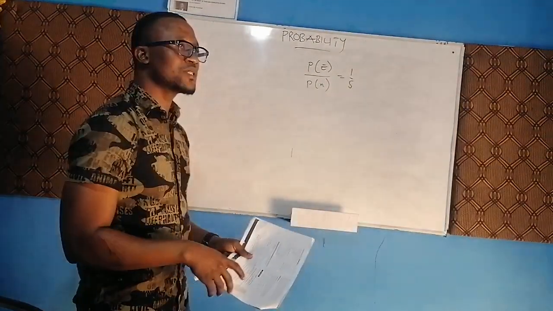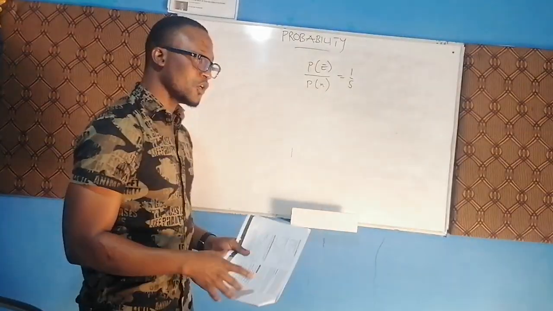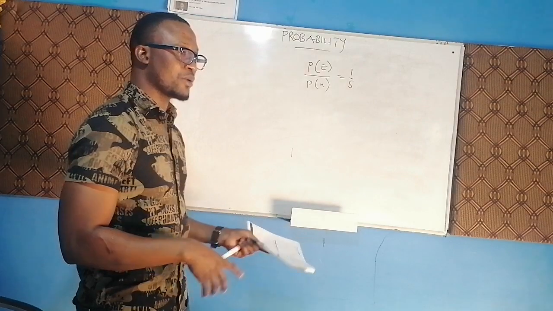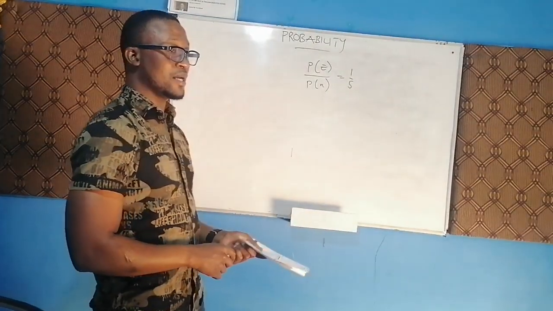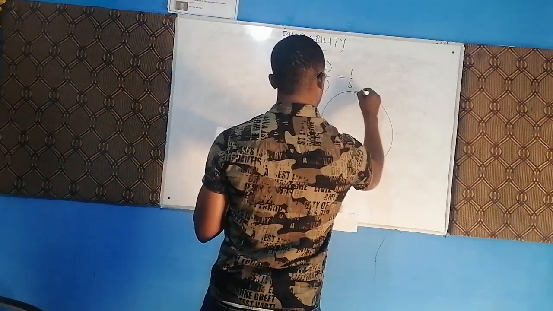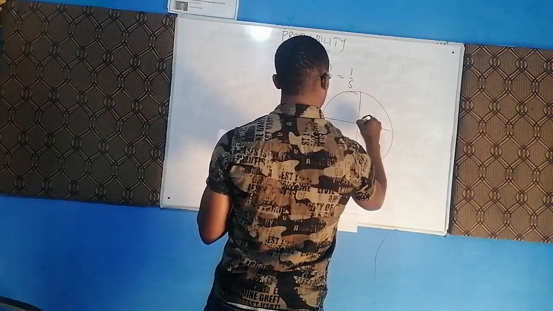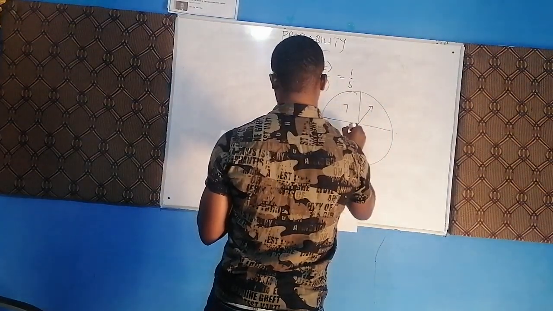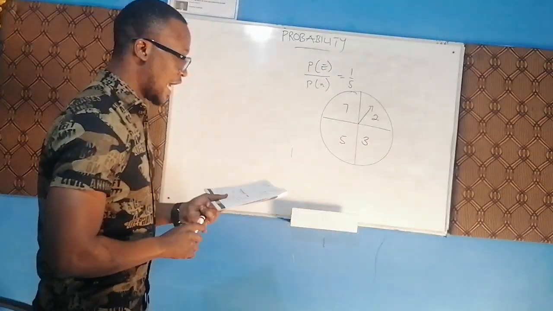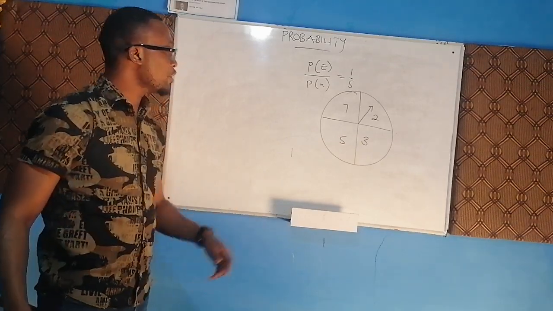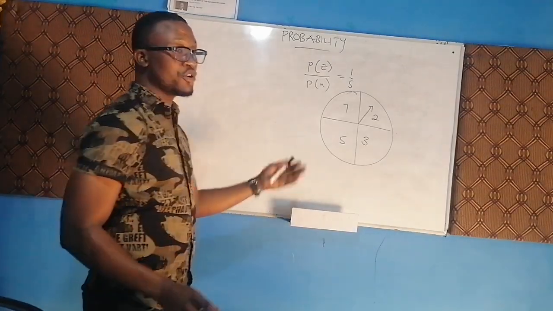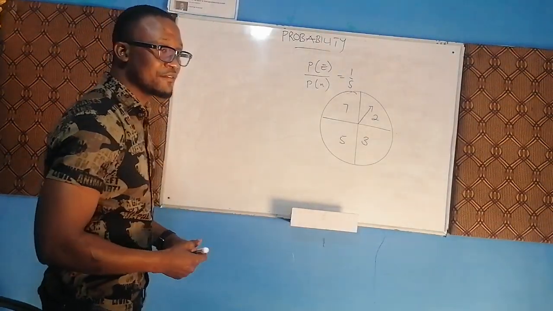What about if we decide to use something like a spinner? As you spin the spinner, you want to find out the probability of getting a particular number. Of course, it depends on what is on the spinner. So let's say this is a spinner, and you're going to spin it this way. You have 7 here, 5 here, 3 here, and 2 here. Assuming you spin this, what's the probability of getting an even number?